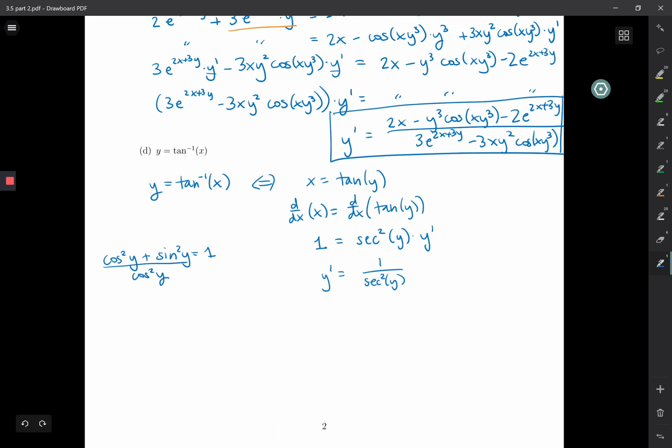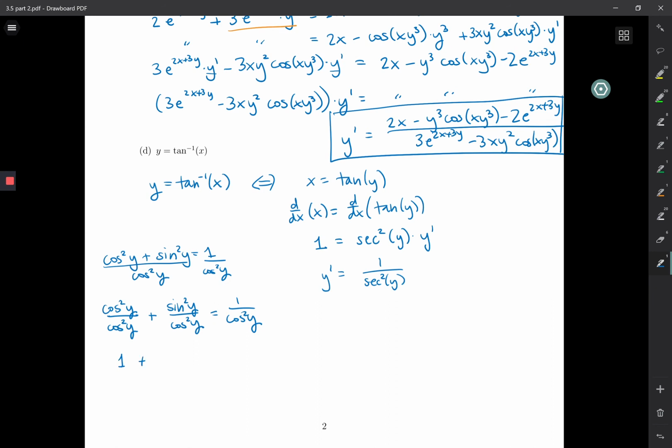So if I divide everything by cosine squared y, splitting this into different fractions, I would get cosine squared y over cosine squared y, and then sine squared y over cosine squared y, and then 1 over cosine squared y. This first thing is just equal to 1.